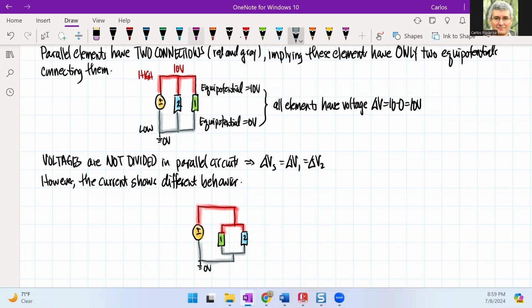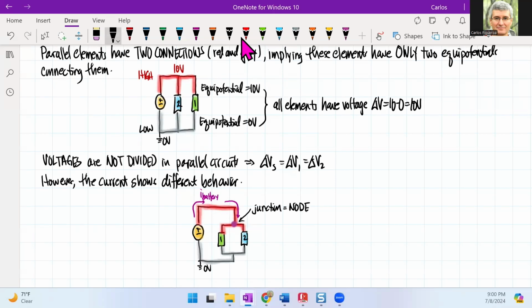The current is coming from the battery, and it comes all the way to right here. At this location, notice that there is a junction. The most common way that people talk about it in circuits, they call this a node.